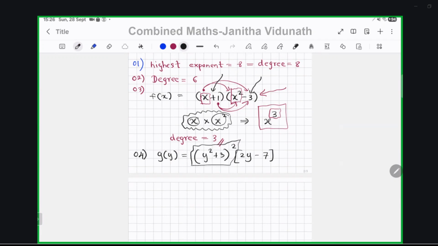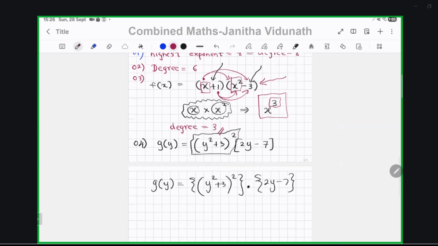Here this is our first bracket, g(y) is like (y square plus 3) whole square times (2y minus 7). If we simplify this, the highest power term of this bracket is y square whole square. That means y to the power 4. We can simply simplify this in our mind.